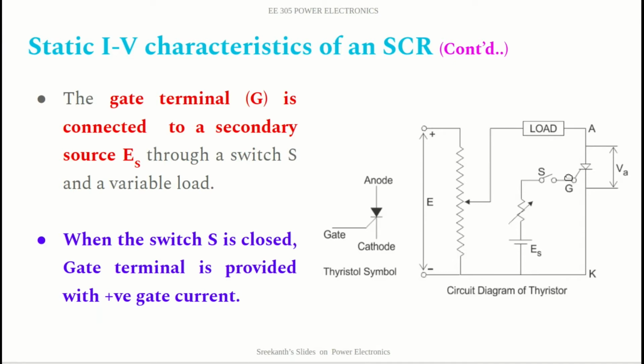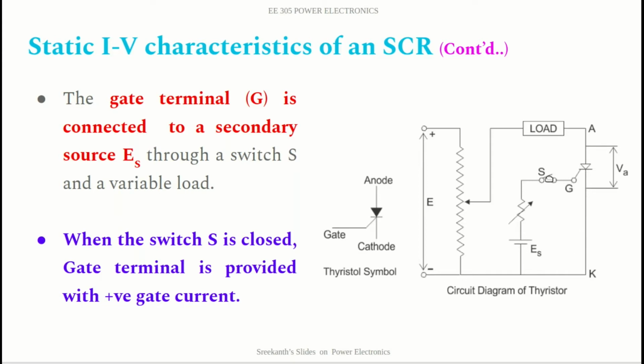The gate terminal is connected to a secondary source ES through a switch and a variable load. Now all these are important. Why? Because if the switch S is closed, a gate current flows through the gate and through the cathode.